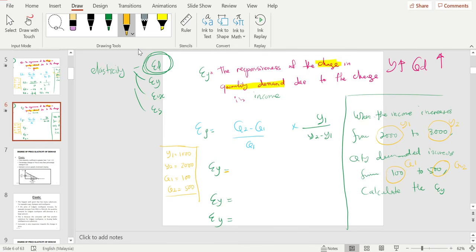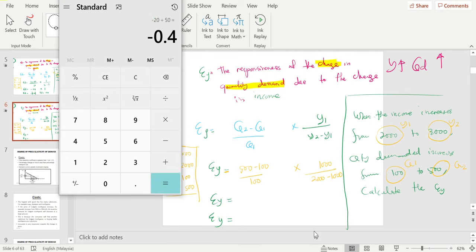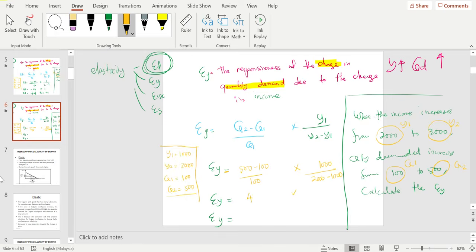Okay, so here we just substitute the values. First Q: 500 minus 100 over 100, times 1000 over 2000 minus 1000. Use your calculator here. 400 divided by 100, so 40, right? Then 4, just to confirm, because sometimes we go blur in the exam.